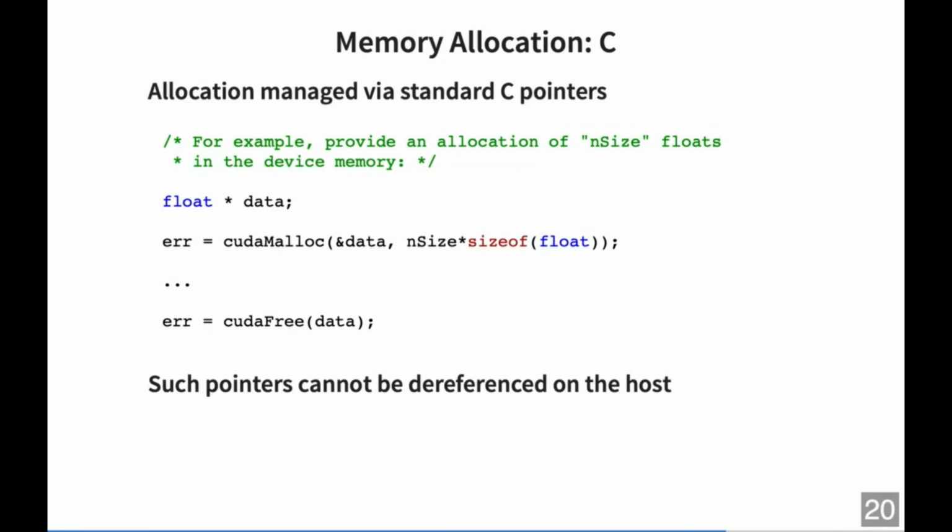Okay, so in C, device memory may be allocated and associated with a standard C pointer by this CUDA API called cudaMalloc. This cudaMalloc is asking that we allocate a certain number of bytes in device memory, which is this variable data.